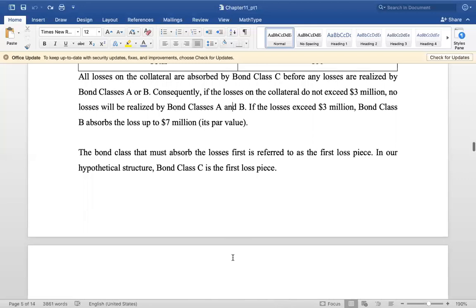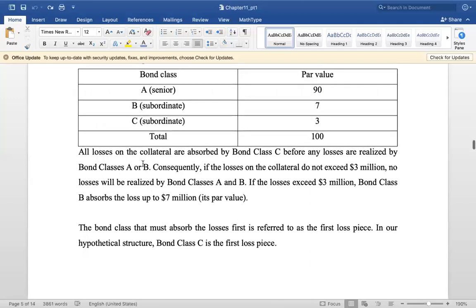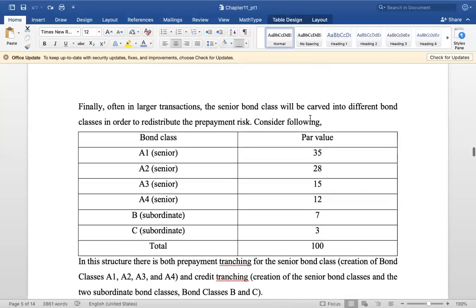So this C will be referred to as the first loss piece, because it has to absorb the losses first.